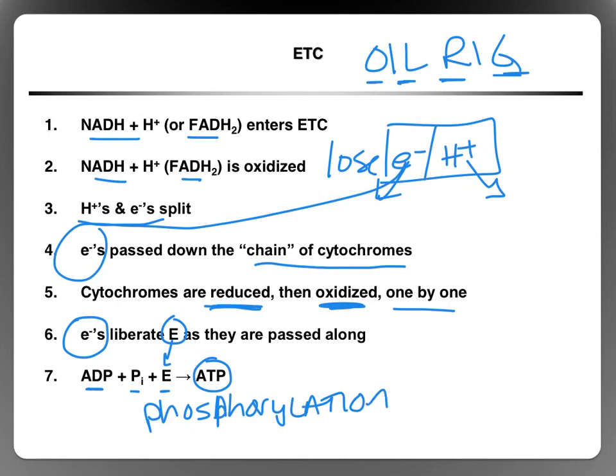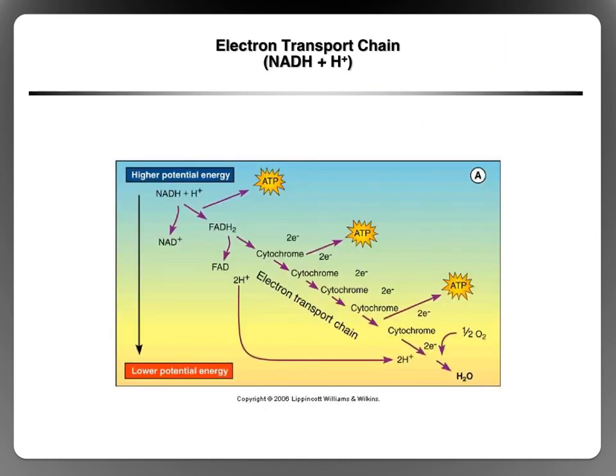Okay, so let's see what this looks like. First time through, we're going to talk about NAD, and what happens when NAD is the carrier. So what we have here is NAD arriving, carrying 2 hydrogens, 2 electrons. They could have come from glycolysis, the intermediate step, Krebs cycle, or beta oxidation.